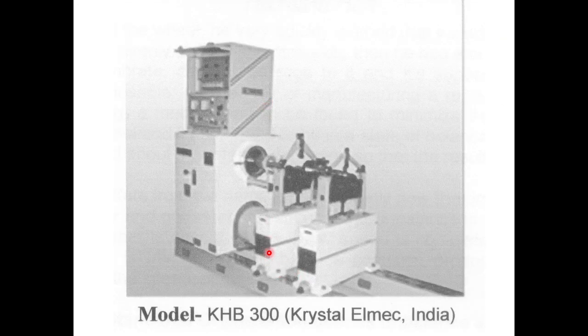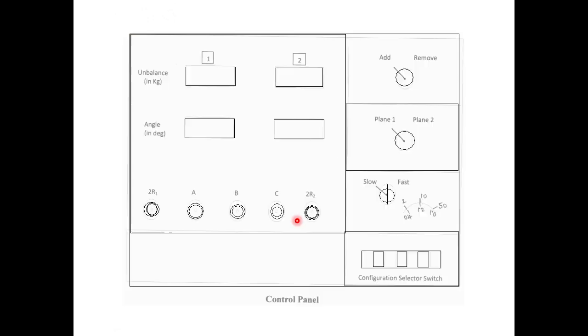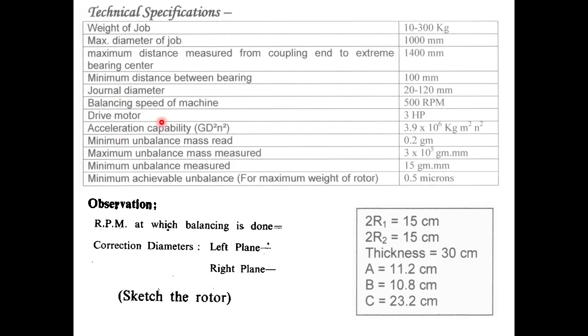The minimum distance between these two stands. Drive motor is 3 horsepower, balancing speed 500. There is another speed also, the usual speed. Okay, what is the minimum unbalance measured? 15 gram millimeter, right?